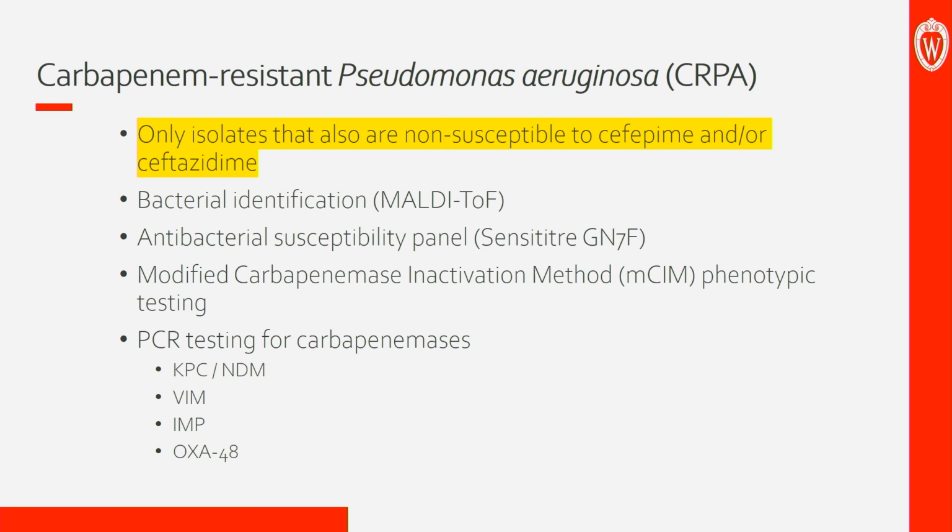Pseudomonas aeruginosa in general has a lot of intrinsic resistance. If we asked labs to send us all of their resistant Pseudomonas, we would drown under the isolates they would send us, and they would be very mad at us for doing that. So again, we just do the bacterial identification, the antibiotic susceptibility panel, the mCIM phenotypic testing, and then the PCR testing for carbapenemases.